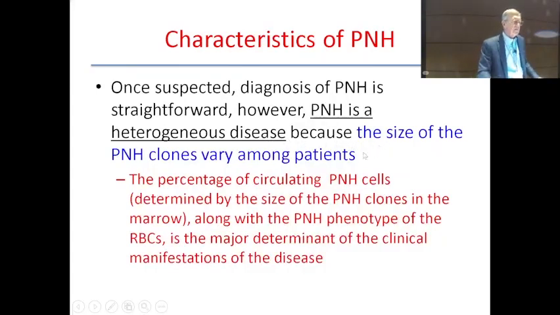And these clinical manifestations are determined primarily by the percentage of PNH cells, which has to do with the size of the PNH clone, along with the PNH phenotype, which is the extent to which the GPI-anchored protein or complement regulatory proteins are deficient. So there are two major determinants of the PNH phenotype: clone size and expression of GPI-anchored proteins.